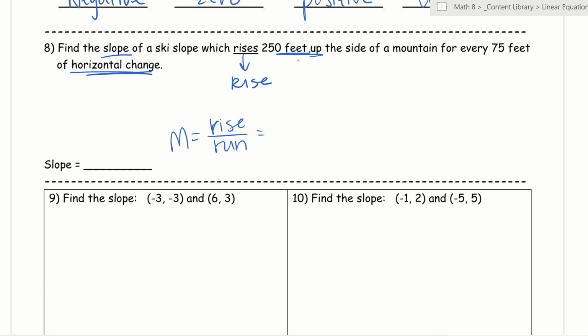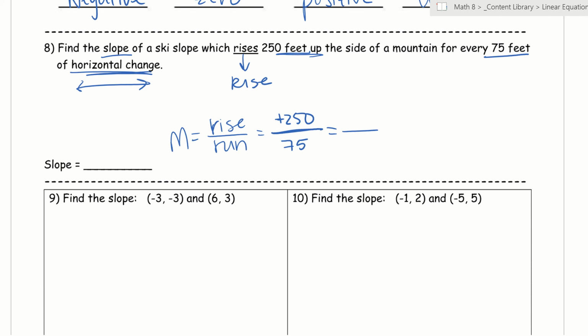I'm going 250 feet up, which as an integer is positive 250. For every 75 feet horizontal, that's my run, and it's positive because you can't have negative feet. So we have 250 over 75. Can we reduce this at all? What number goes into 250 and 75?